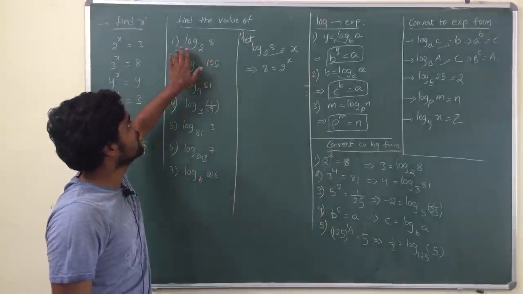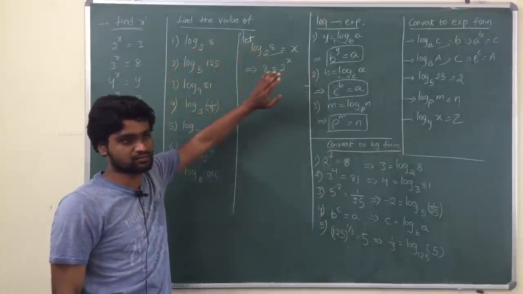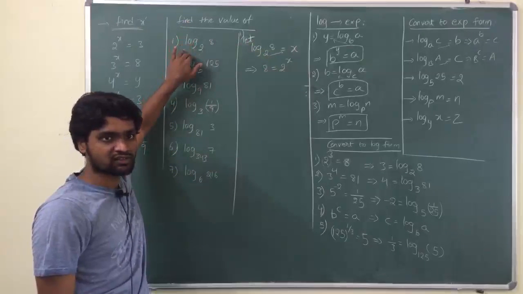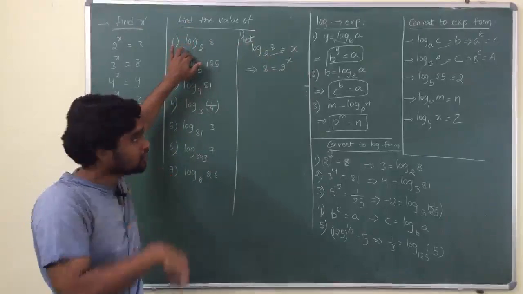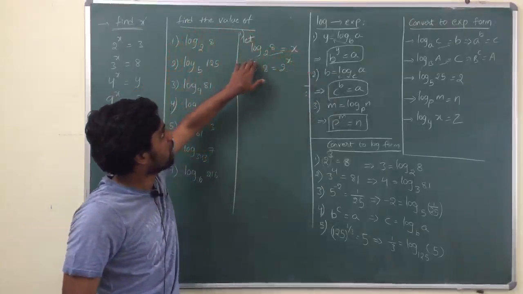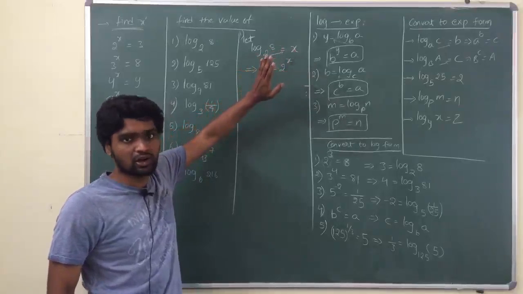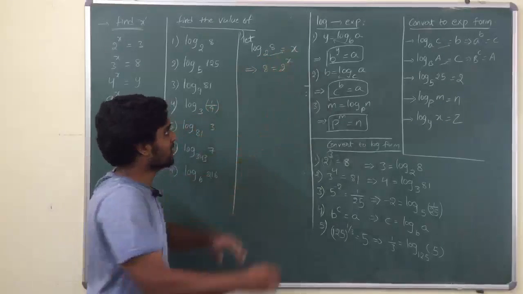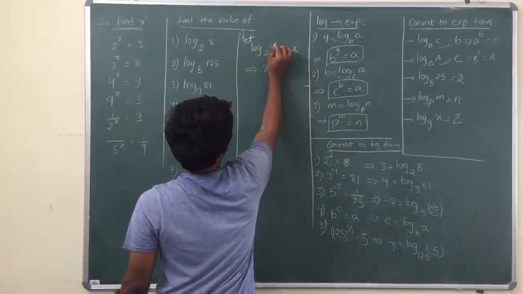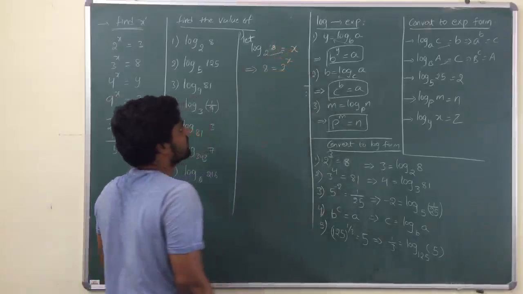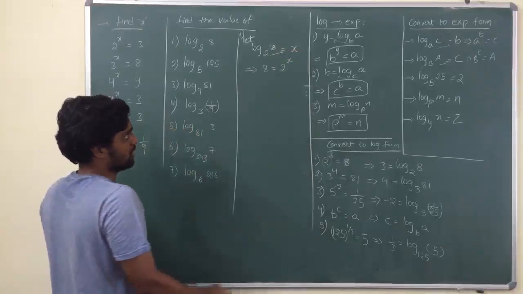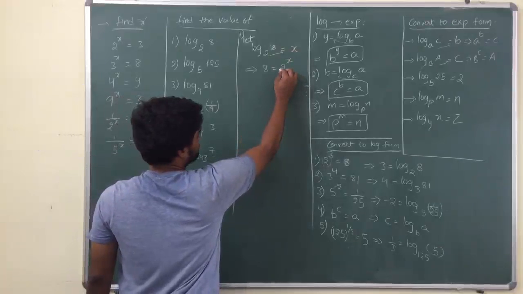The first step is to assume the value to be x, because we need to find the value and we don't know it. This is not 2 power 8. This is log 8 to the base 2. So 8 is equal to 2 power x.